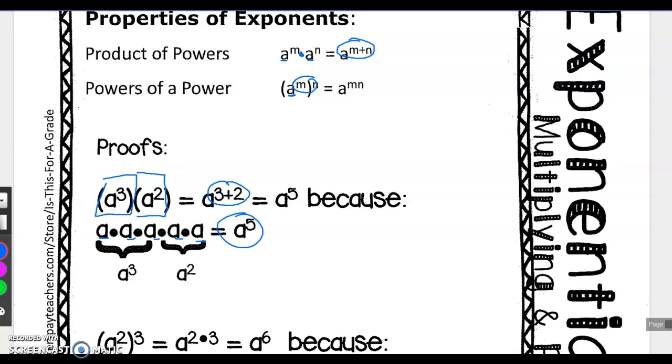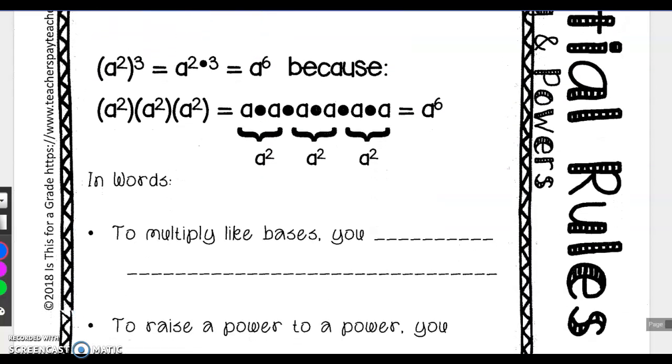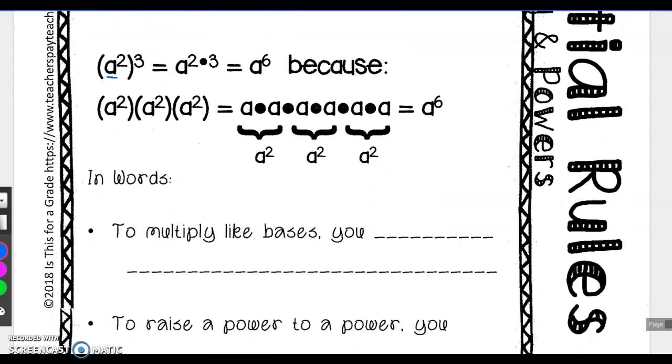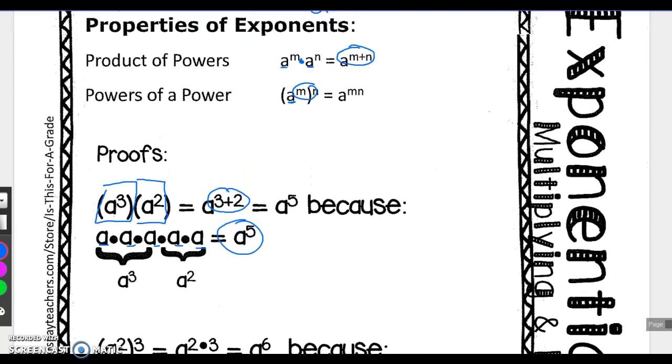It's a little different when it comes to powers of a power. Remember, 1 base. We're raising it to the second power, then the whole thing to the third power. So what we're going to do here is multiply them. Remember, if we have a power raised to another power, we multiply the powers.